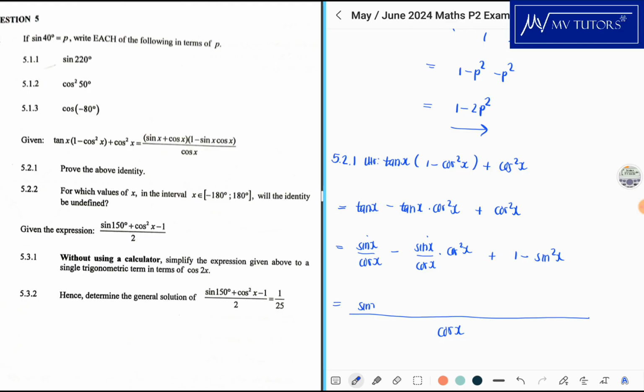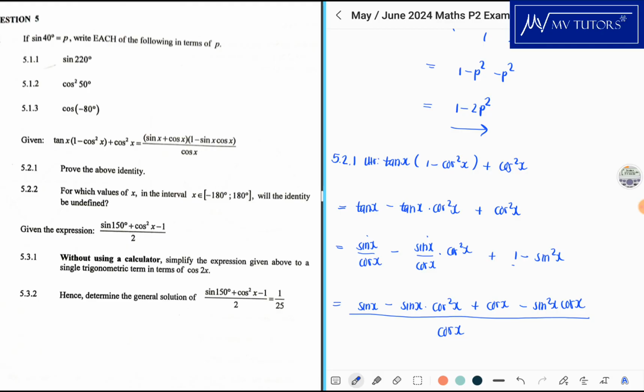So I'm left with sine x minus sine x times cos squared x, and then that plus 1, it will be cos x because cos x over cos x gives me 1, and then I'm going to have minus sine squared x times cos x.